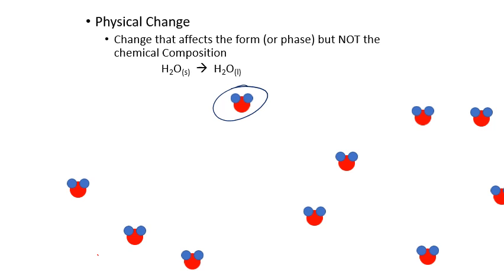Before, it was all just over in this area, and now it's spread out. But as you can still see, it's still 2 H's and 1 O. Molecularly speaking, it's the same thing. It just changed its shape, or in other words, it went from a solid to a liquid, so we call that a physical change.